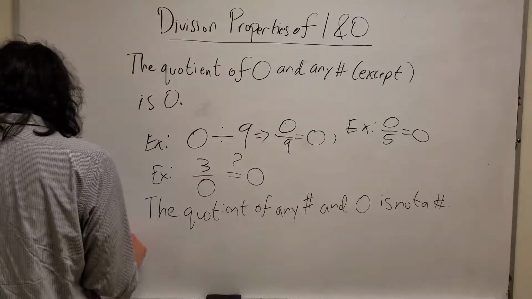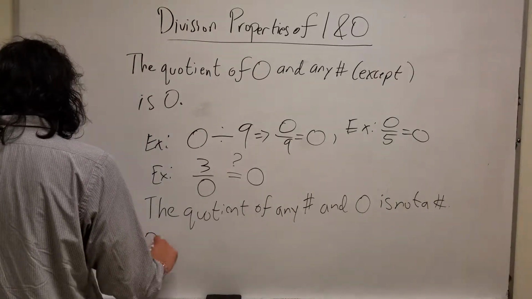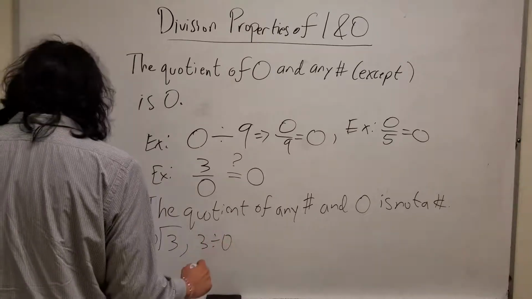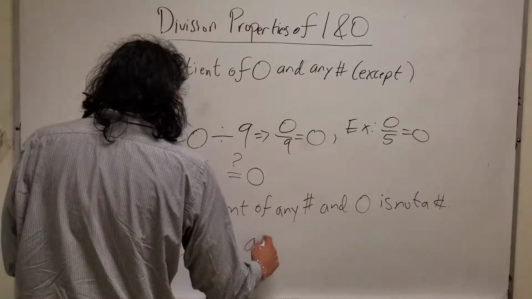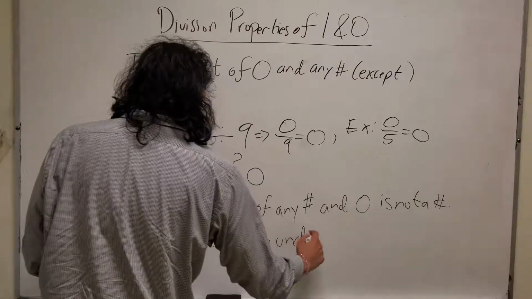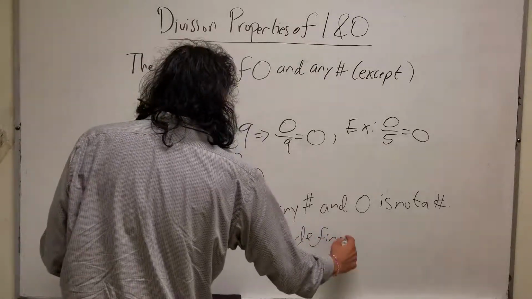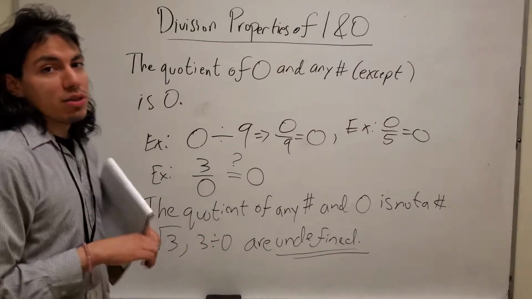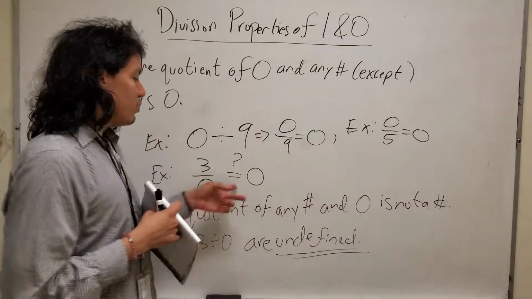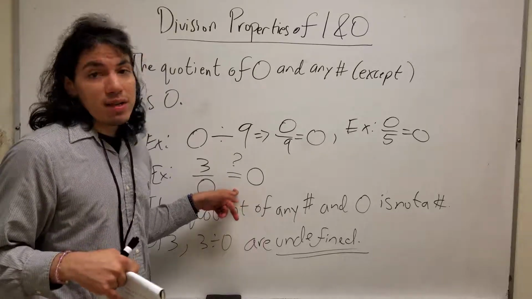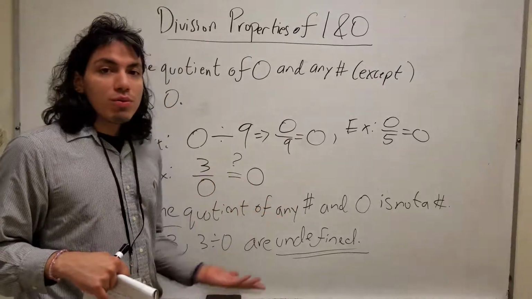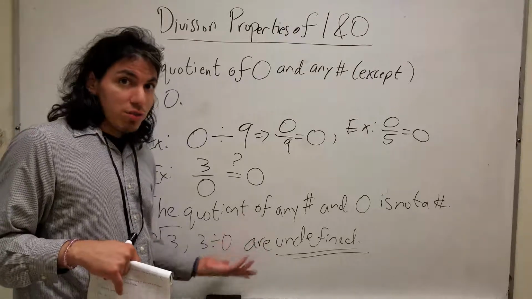So if you have 3 over 0, 0 as a divisor, or even 3 divided by 0, are undefined. So very important to note that. So if someone were to throw this question at you, you simply say it's undefined because it's not a number. We don't know what 0 in the denominator means.